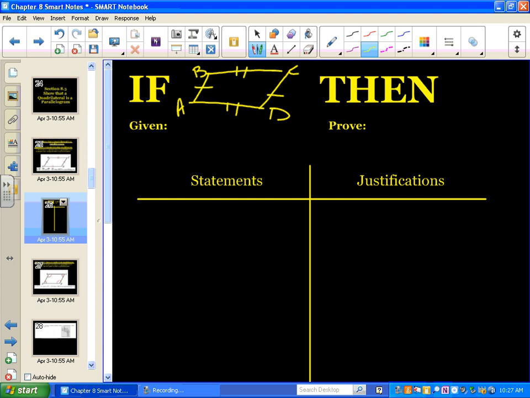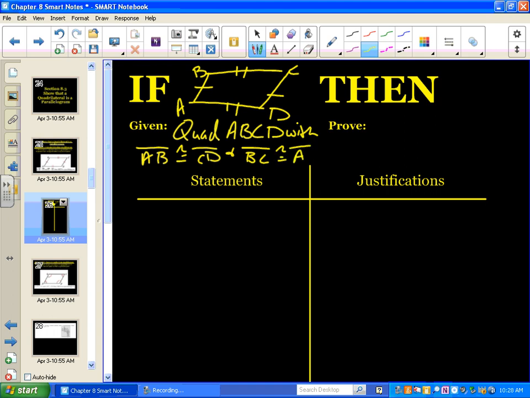So Killian, what am I given? The opposites. And very good. So we're given quadrilateral ABCD with AB congruent to CD and BC congruent to AD.